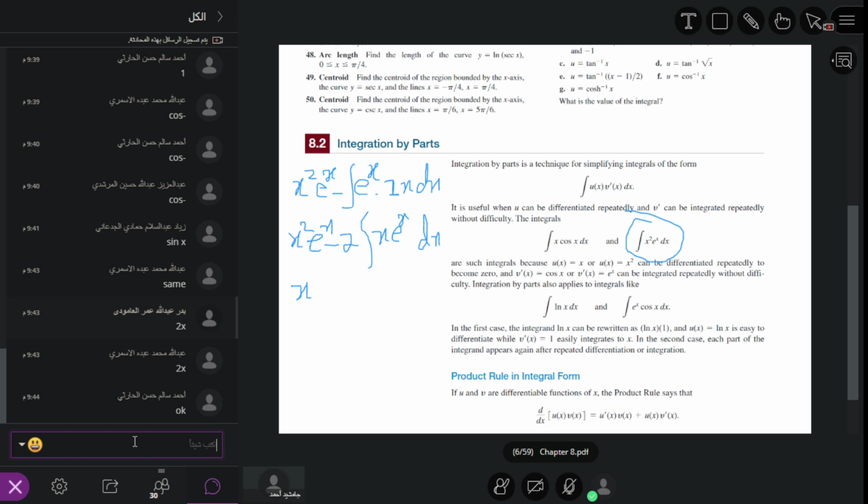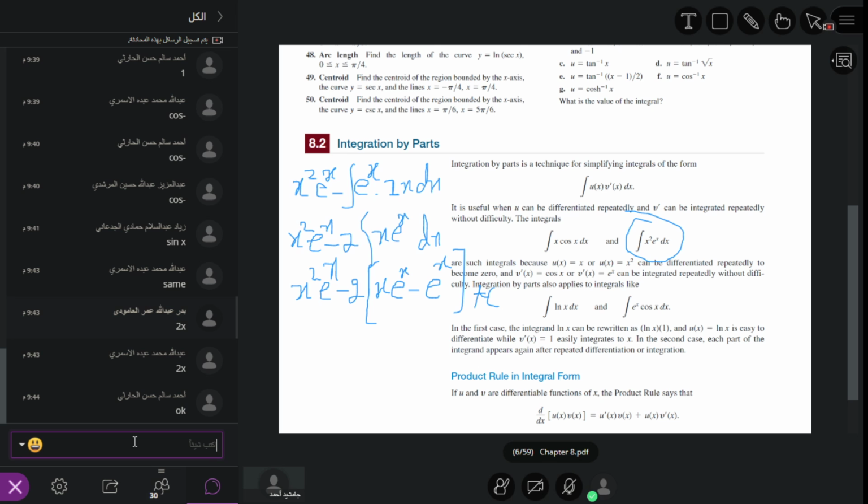Here x square e power x minus 2 here. Now first function same. Integration of the second, what is integration of e power x? E power x, minus integration of the integrated function, which is equal to e power x. So thus we get plus some constant.